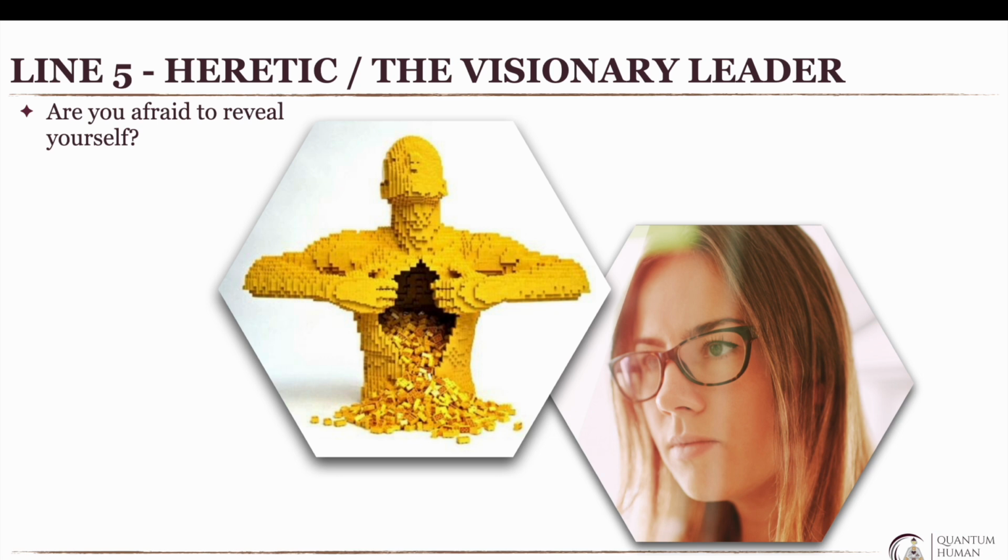So back to the 5th line. We see the potential for leading people into the fulfillment of a possibility. And that 5th line energy is able to project out to their followers, their audience, their friends, the people that they're leading, this potential out in front of them so that they can lead people in the fulfillment of that potential.